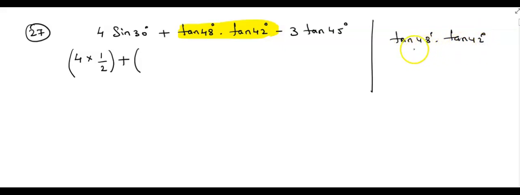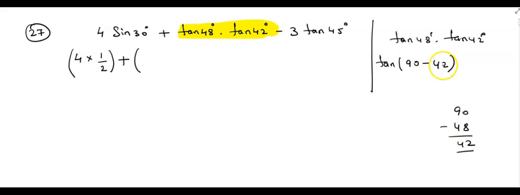Now in this, which is bigger? 48. So this can be written as tan of 90 minus, any one value you have to change out of 48 and 42. This we call complementary angle. So tan 90 minus how much is 48? 90 minus 48 you do. 10 minus 8 is 2. 8 minus 4 is 4. That is 42.